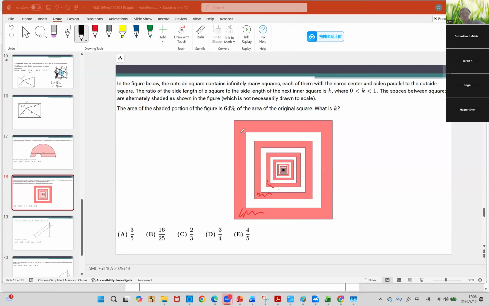We also know that if you think of this one and that one and all those shaded inside, their ratio is basically a geometric sequence, right? And for a geometric sequence, the sum of this shaded area is just the big area.